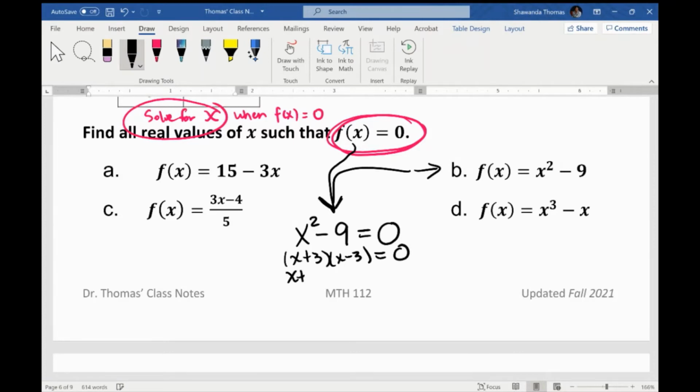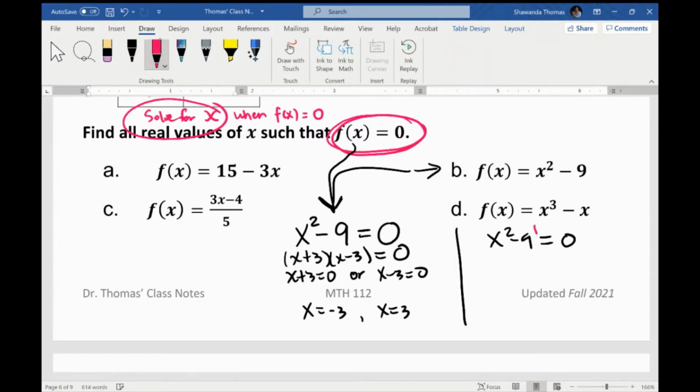We set each factor to 0 and get x equals negative 3 and x equals positive 3. Now, you were right when you said add 9. That works too.